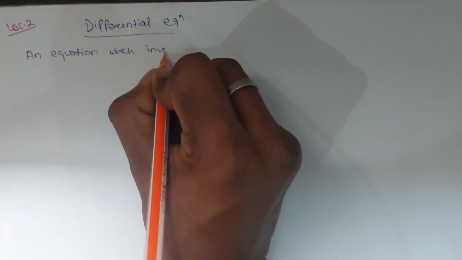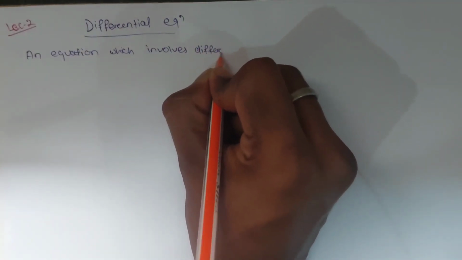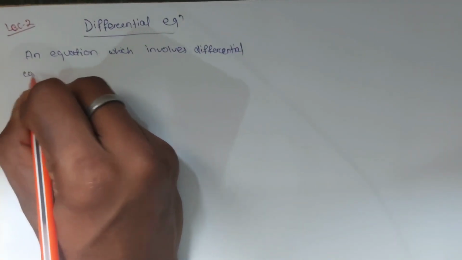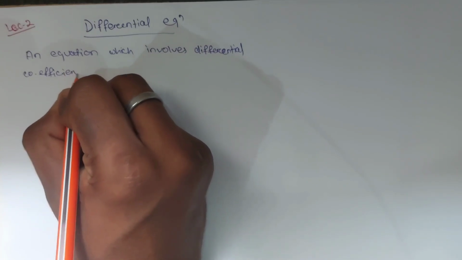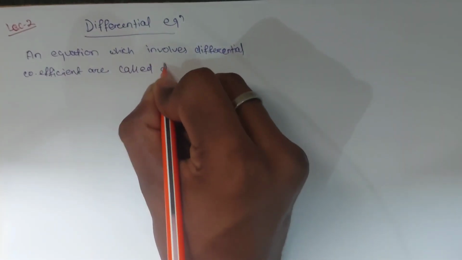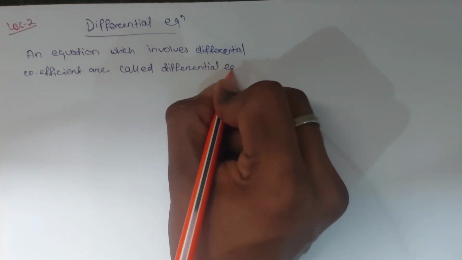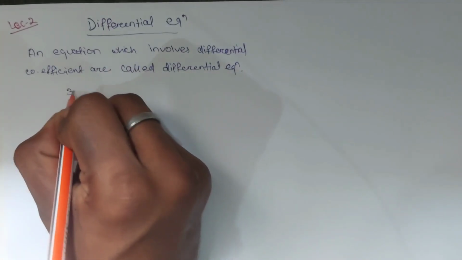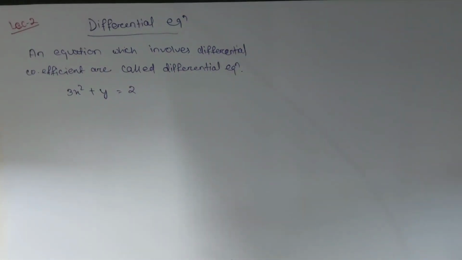An equation which involves differential coefficients is called a differential equation. If we take a normal equation like 3x square plus y equals 2, then it is a normal equation, as you know.